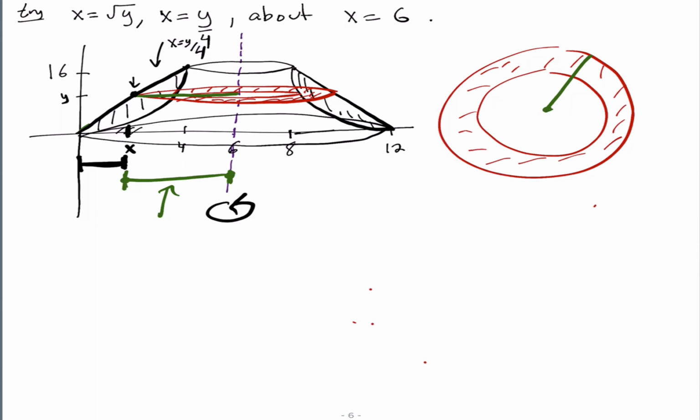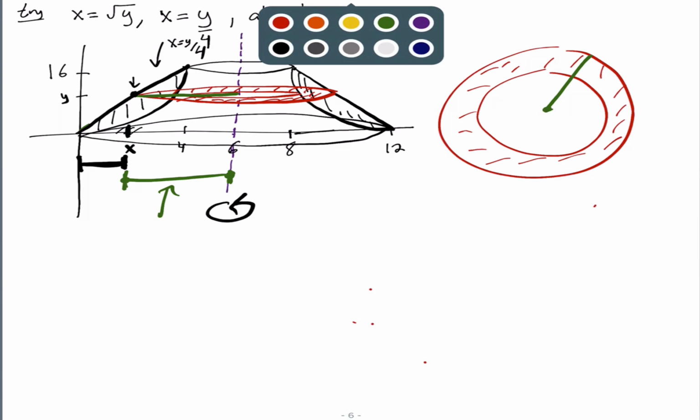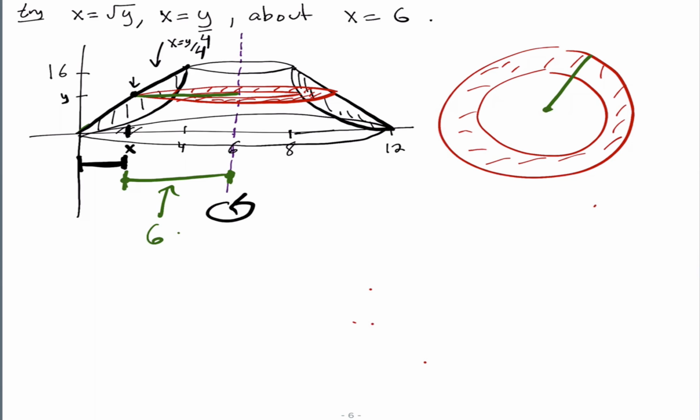Okay, so what's the length of the green line? Exactly. So 6 minus the black line, which is x. Right? You with me? The length of that green line is 6 minus x, where x is this x value here, the length of that line right there. Yeah?